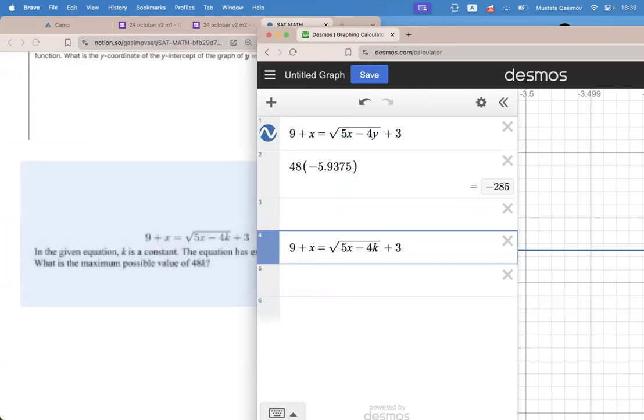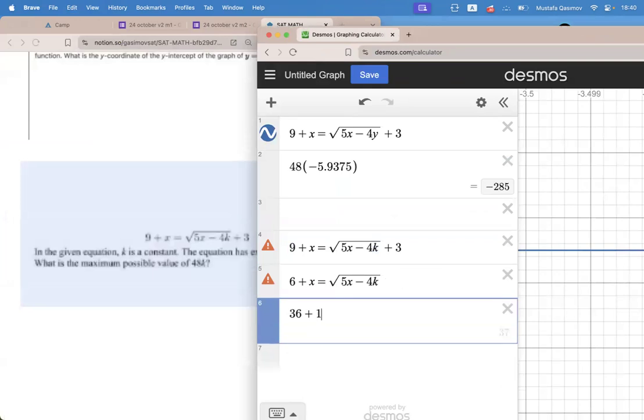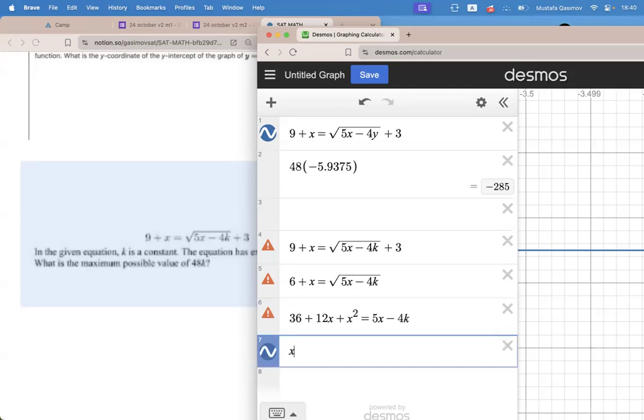It was k, right? So it will be 6. Then raise it to square: 36 plus 12x plus x squared is equal to 5x minus 4k. Then you can write it like that: x squared plus 7x plus 36 plus 4k is equal to 0.